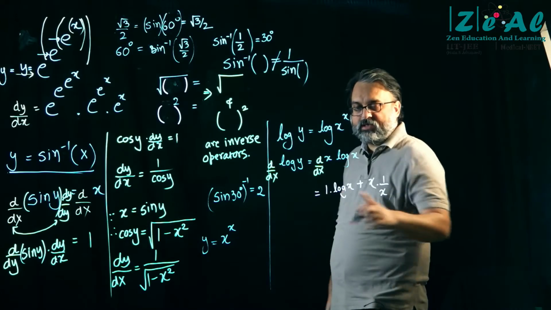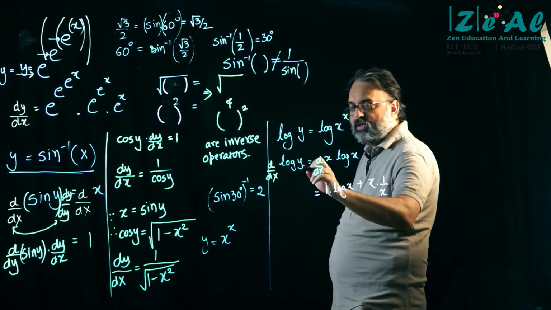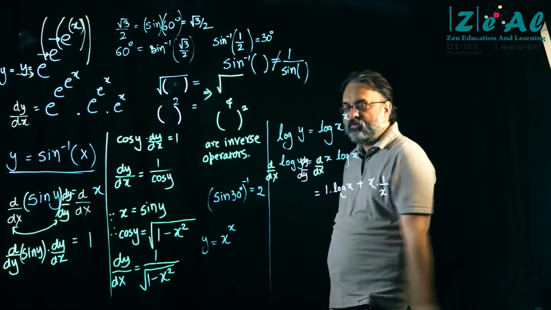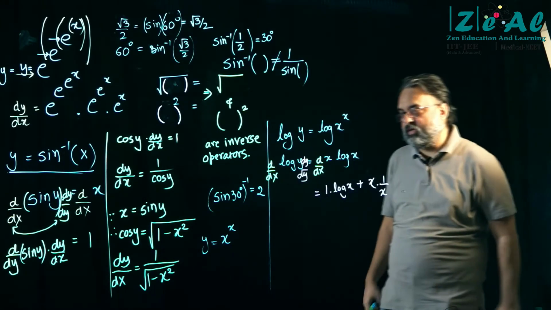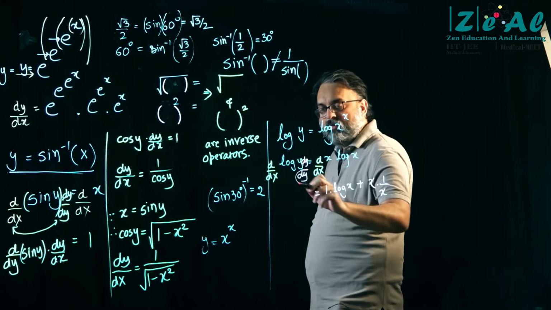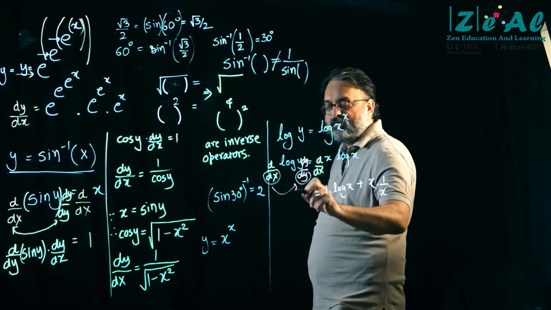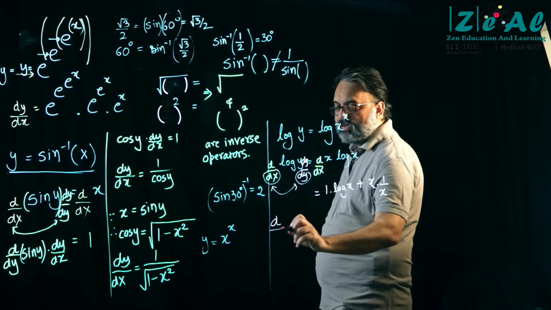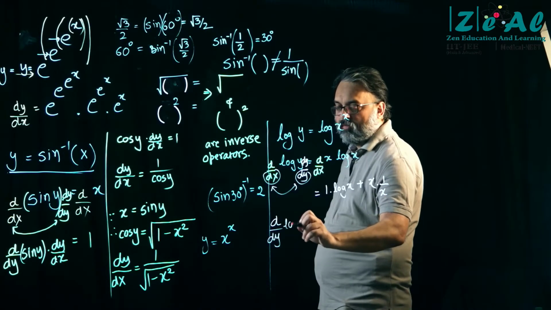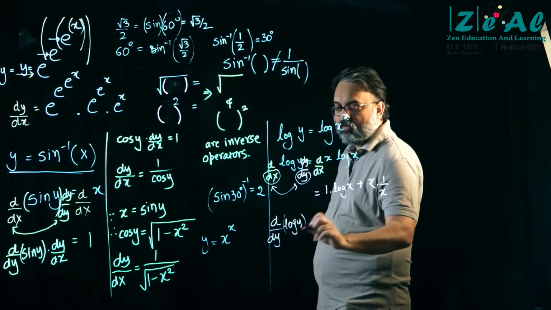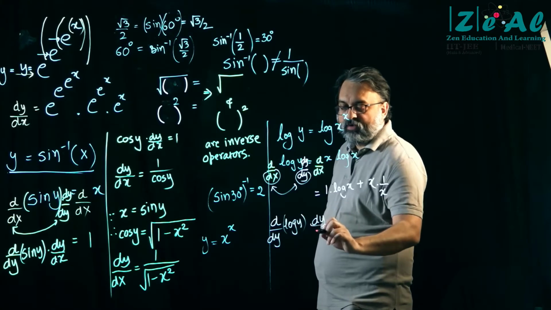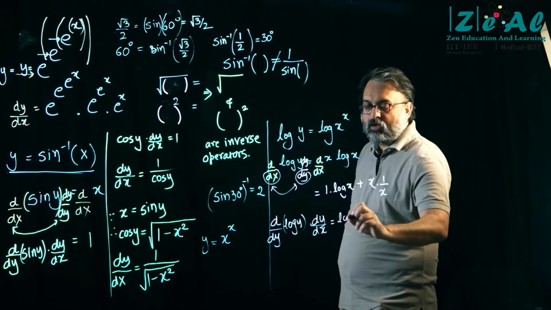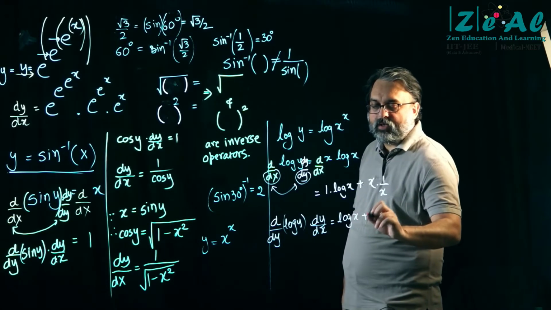Now, this is the right hand side. What do we do to the left hand side? Multiply and divide by dy, because d by dx of log y does not make any sense. You exchange these two, and then you get d by dy of log y, which we can work out, into dy by dx, which we have to find out anyway, is equal to log x plus 1.